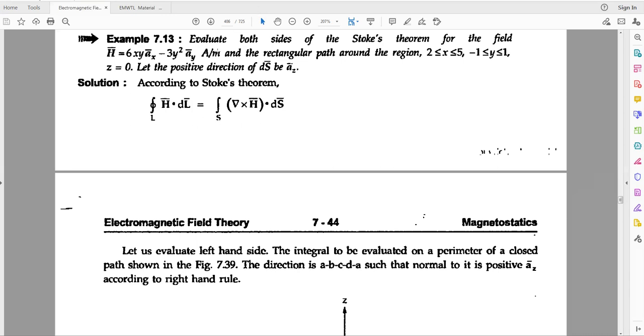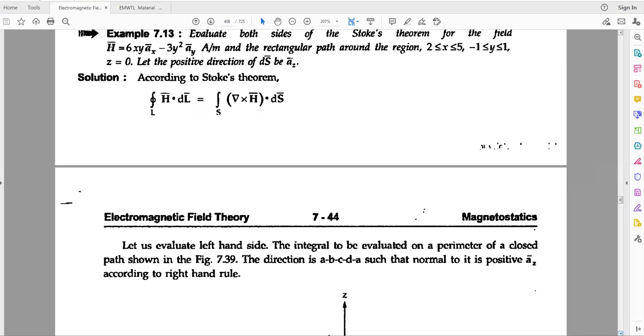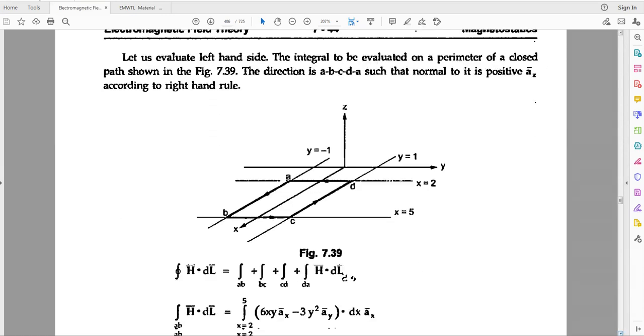Now I am taking the Stokes theorem, meaning the line integral is converted to the surface integral. Line integral converted to surface integral means cross product. Volume integral converted to surface integral means dot product. The integral of del cross H bar dot dS bar is the equivalent of the integral of H bar dot dl bar.